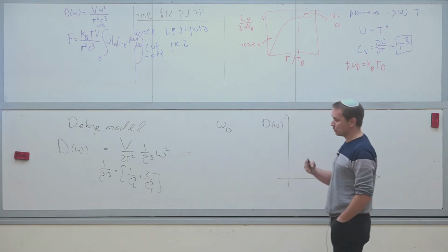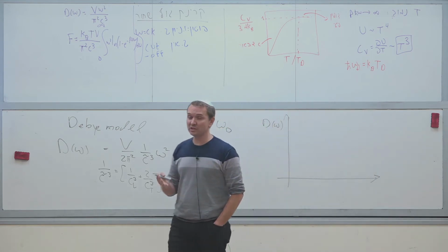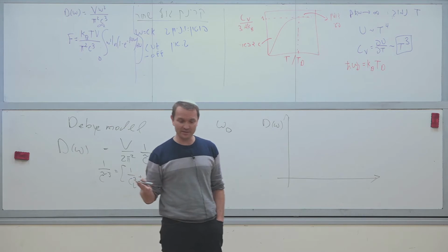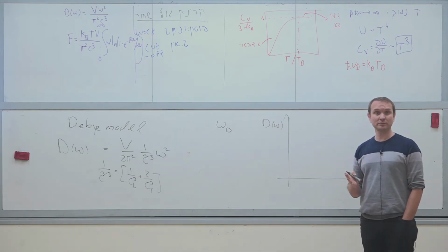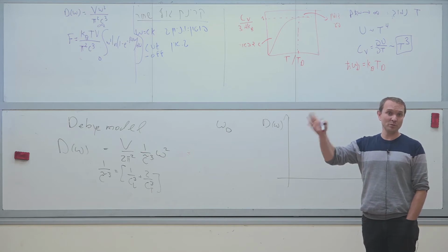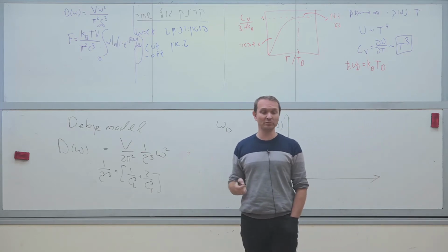Now there was an assumption of Debye that the dispersion relation between the wave vector and the frequency is simply linear, up to a specific point, which is this cutoff. We know that this is not true in nature, but this is part of the model.